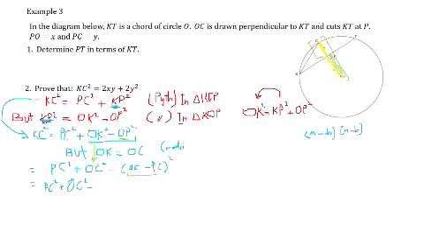So OC minus PC times OC minus PC, and if you solve it in detail, it's going to give you OC squared minus 2OCPC plus your PC squared.